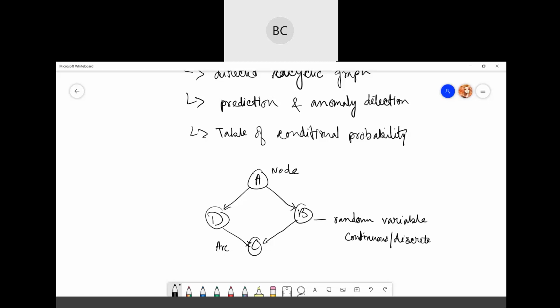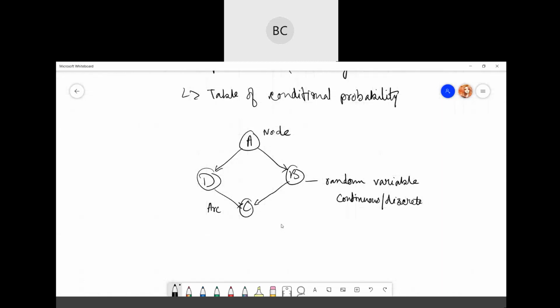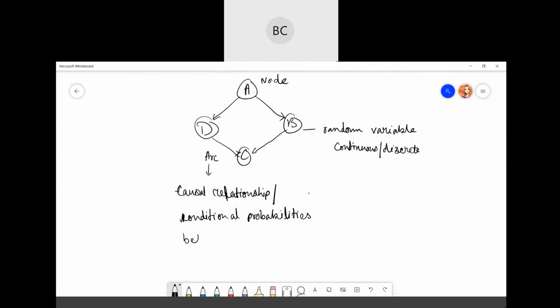These arcs or arrows basically represent the causal relationship, or you can say conditional probabilities, between your random variables.